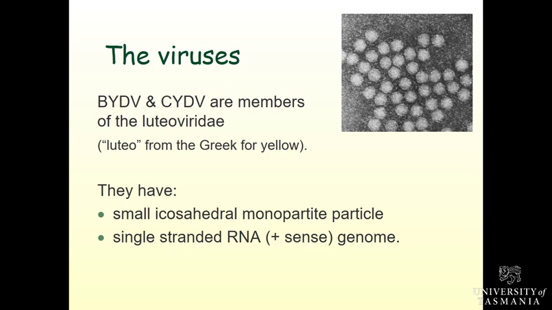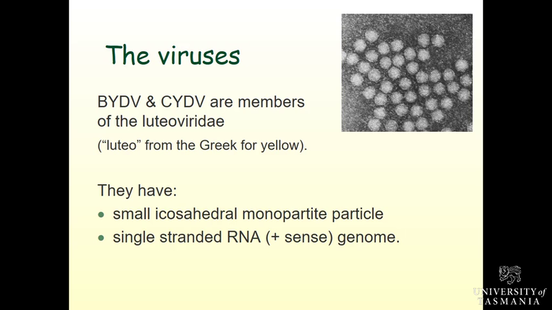The viruses themselves. So these two viruses are members of the Luteoviridae. Luteo is Greek for yellow, so it's the virus family that tends to cause yellowing diseases in plants. The Luteoviridae all live in the phloem and all cause that sort of damage to the vascular tissues.